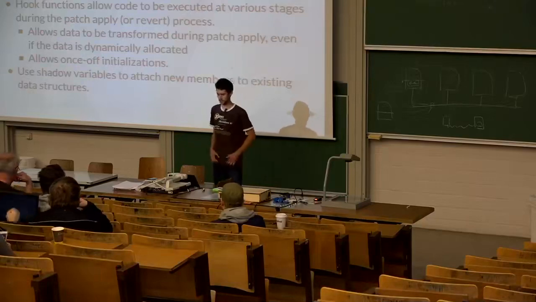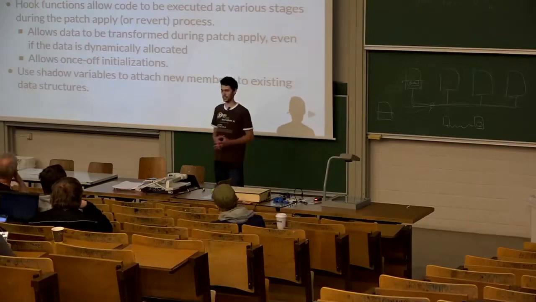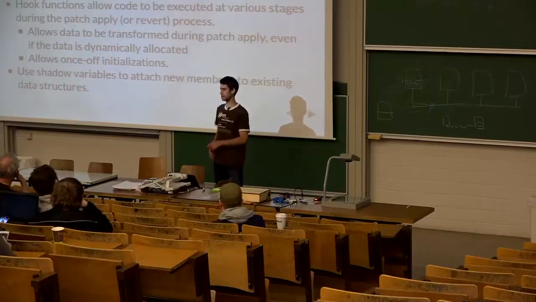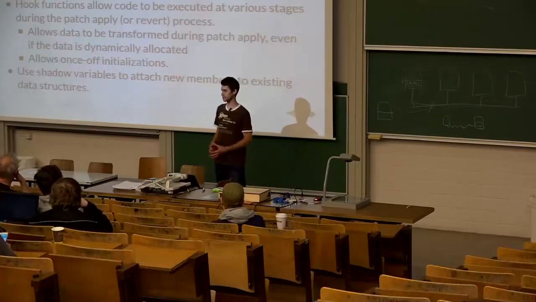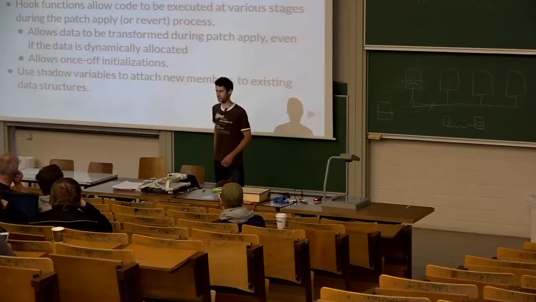We also have shadow variables, which is a way of attaching some sort of data structure to an existing address in memory, but the new data structure or member variable is stored in a separate hash table, so it's a way of attaching a new member to an existing data structure.